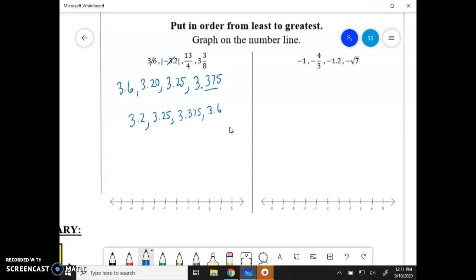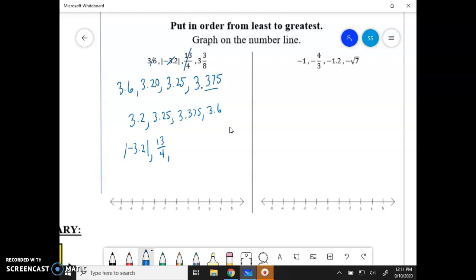Now on the test, I don't have them converted into decimals. You have to convert them back into their original form. So what was 3.2? That was the absolute value of negative 3.2. Then next, 3.25, that was our 13 over 4. So let's convert that back to our improper fraction.